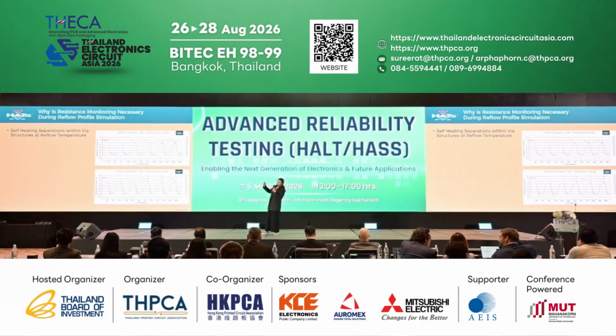This graph on the slide is a resistance change graph. As we can see, the resistance on the peak, on the top of the cycle, already shows the resistance change getting worse and worse. In the last cycle, it already passed more than 10% of the resistance change.